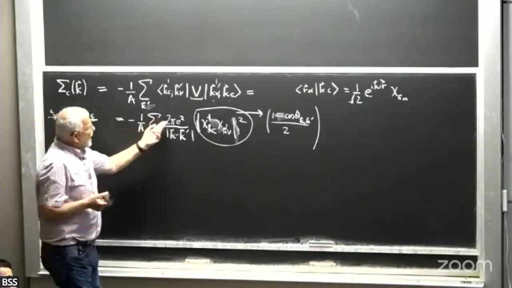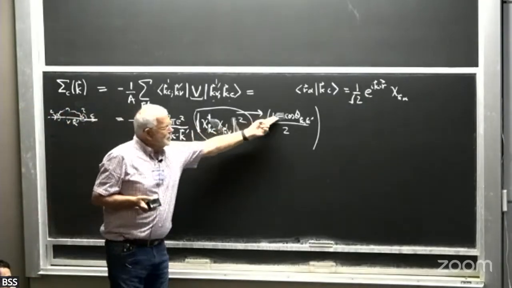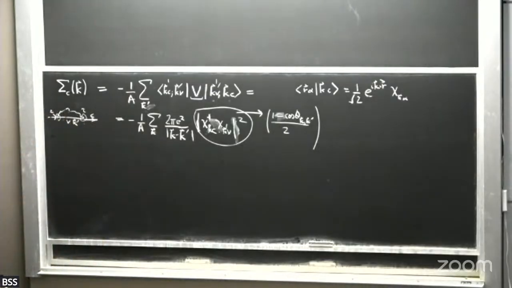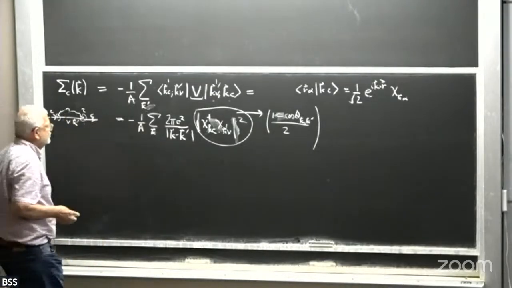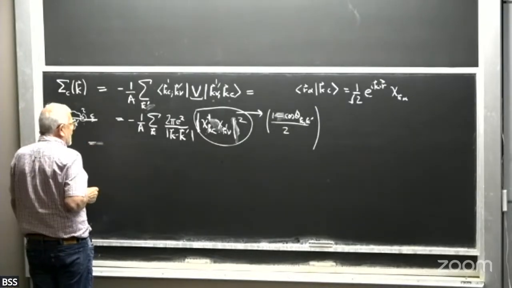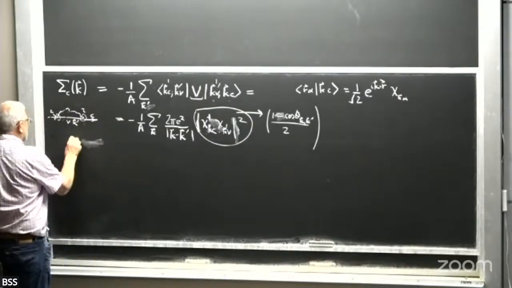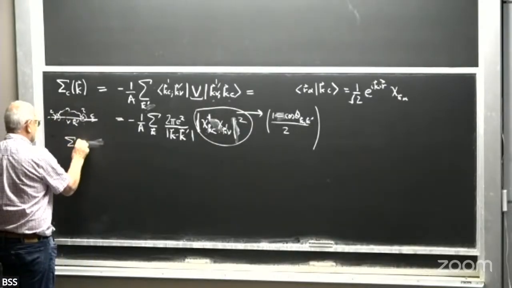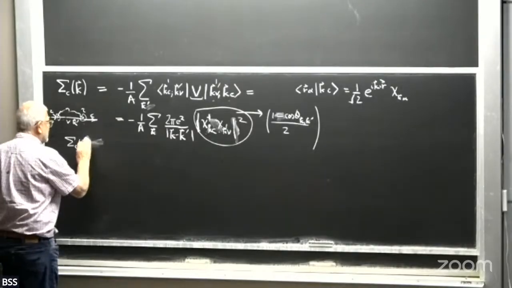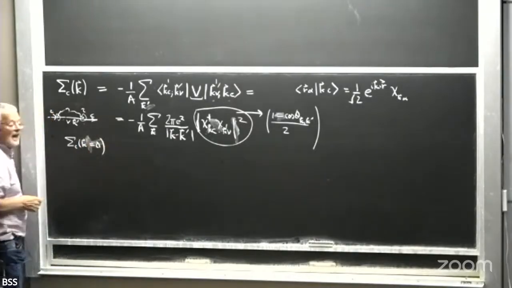So the thing that comes from the sublattice structure is this 1 minus cos theta. And so let me calculate this self energy at k equals 0.